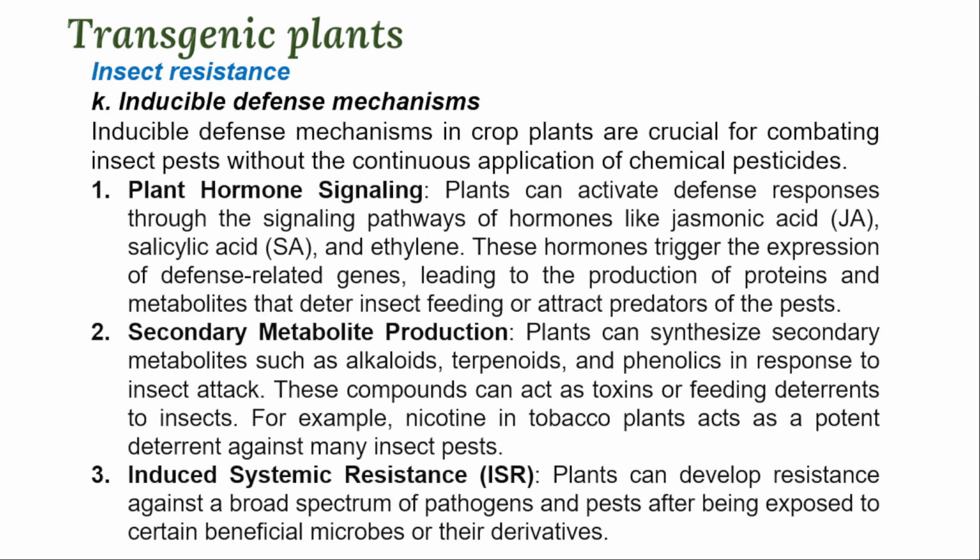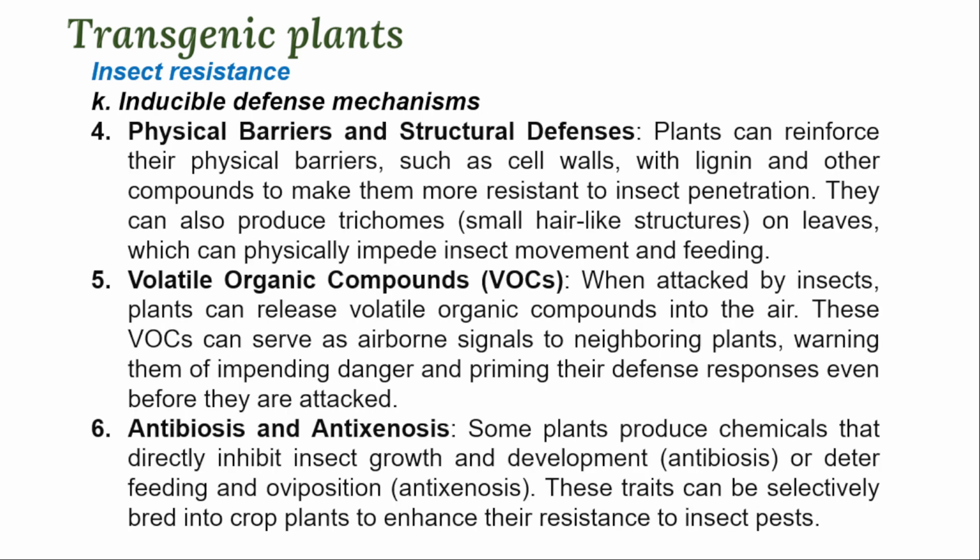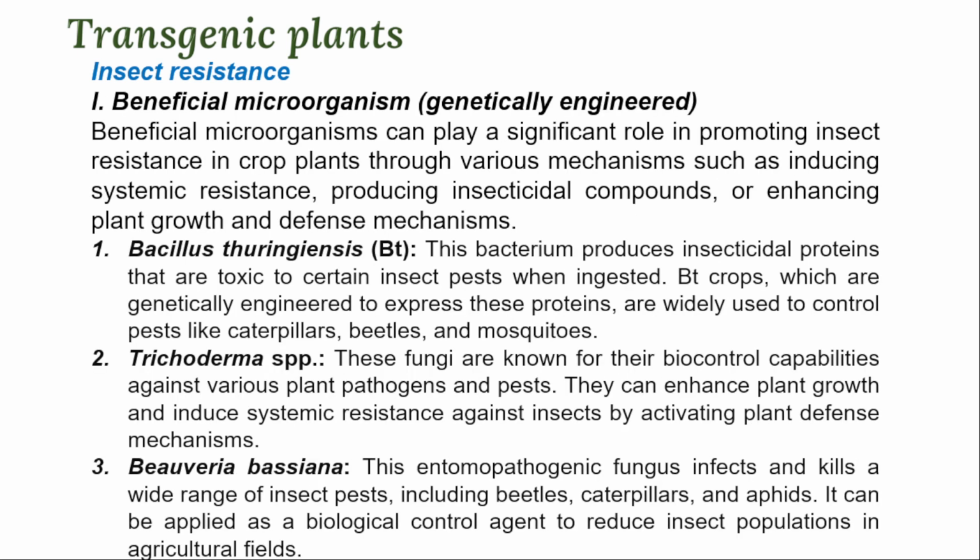We can also enhance systemic induced resistance and reactive oxygen species. We can enhance the physical barrier too, so the cell wall composition of the plant is changed, so that there is no infestation of insects inside the cell or any part of the plant.